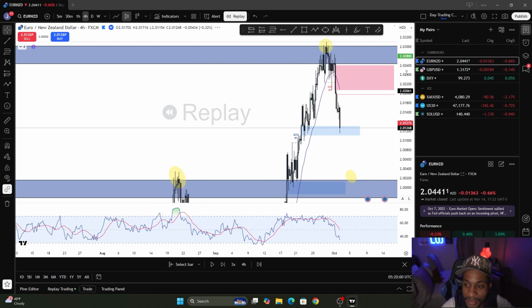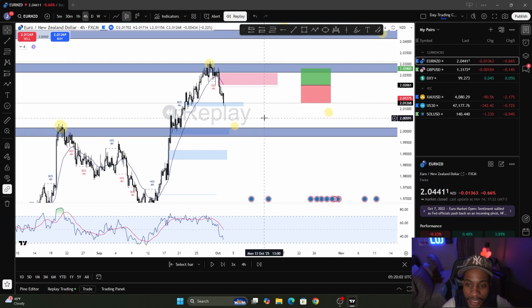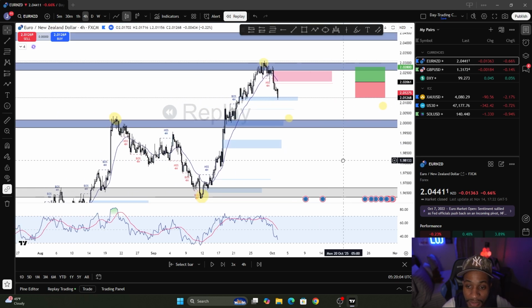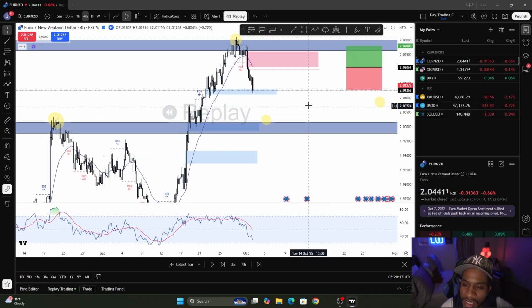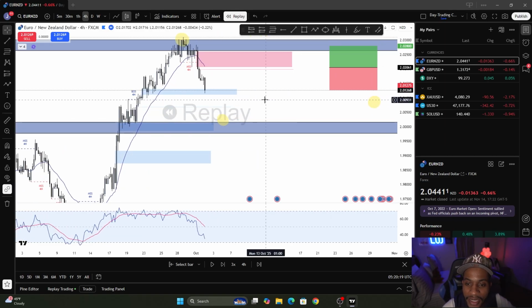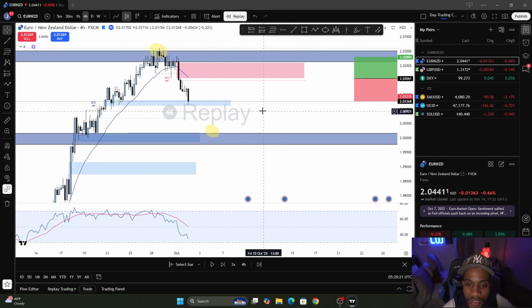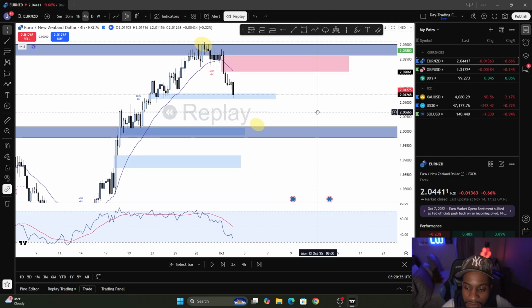A lot of the times, and this is what I was saying in the first video, sometimes the correction may be short. Sometimes price may come down to retest the level it just broke, sometimes it won't. That's why fair value gaps help me, because they help me target where price is going to finish the correction.